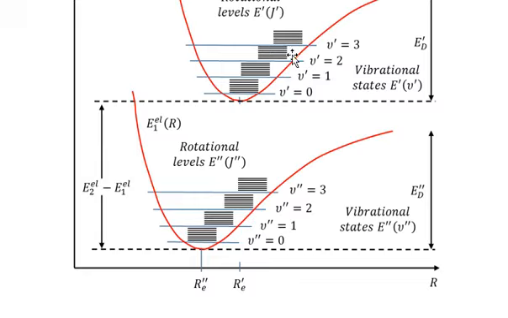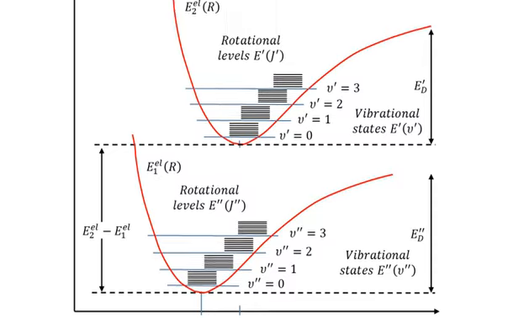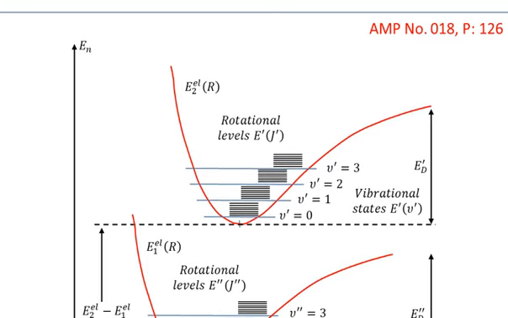And corresponding to the second electronic state, the equilibrium distance, which occurs at the minimum point, is specified by Re single prime. In the second electronic state, all the values are specified by single primes. All the vibrational levels are specified by single prime: V single prime equal to 0, 1, 2, 3. These are the vibrational quantum numbers.